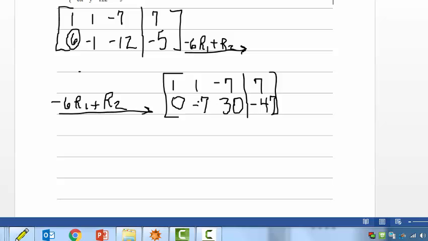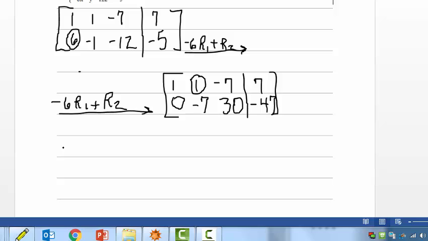A 1 in the diagonal element of that column, and everything else is a 0. Now I want to go to column 2, and I want to get a 0 on the non-diagonal element of column 2. And notice that's only one element. Since there are only 2 rows, there's only one element I want to become a 0 in column 2, and that's in row 1.